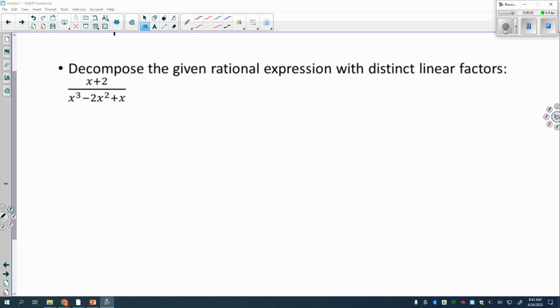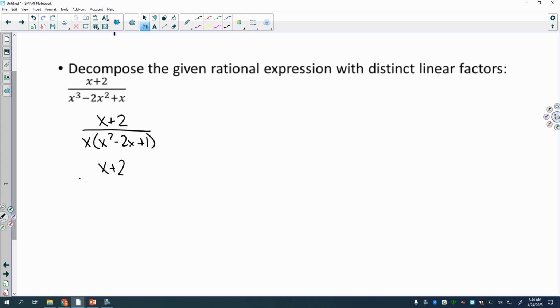So just like the previous example, I'm going to want to factor to begin with here. So I factor out that x, and then I can factor this down to x times (x minus 1), the quantity squared.